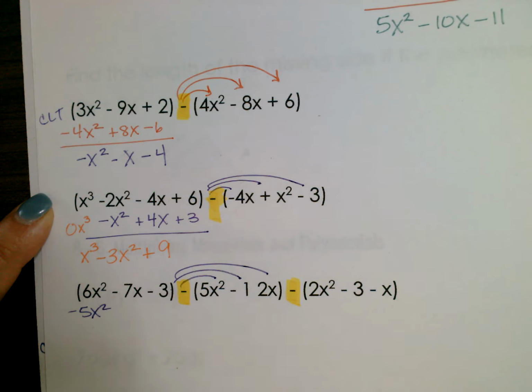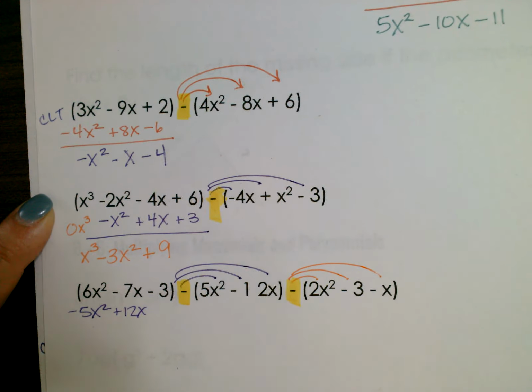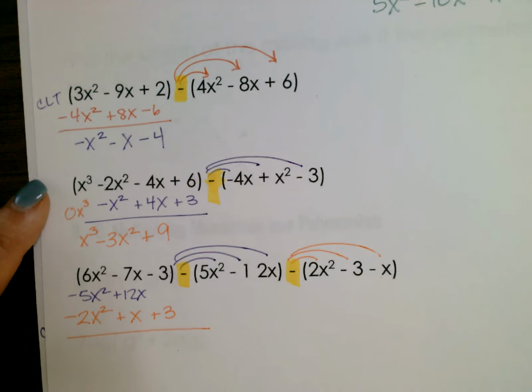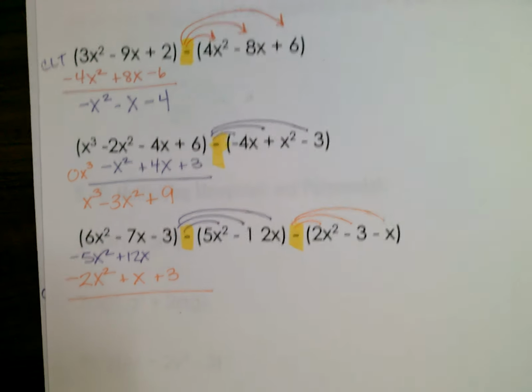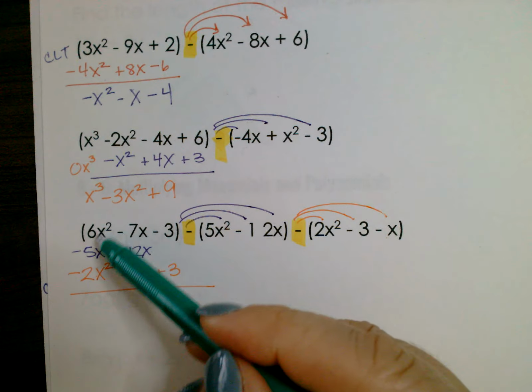So I would have negative 5x squared plus 12x. For this one, when I distribute, I would have negative 2x squared plus x plus 3. Lined up all my like terms, similar to when you were learning to add in elementary school.